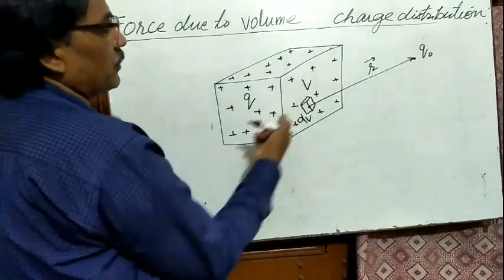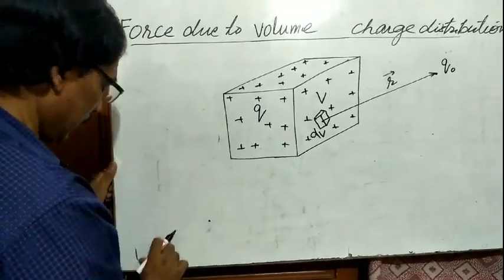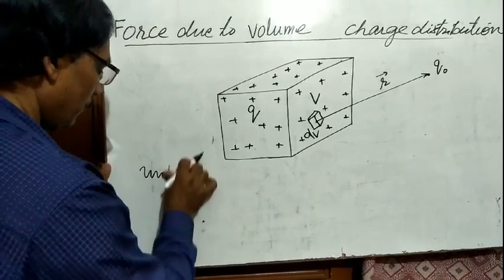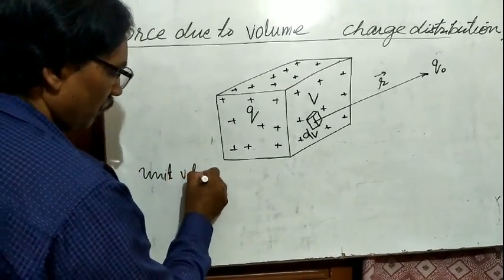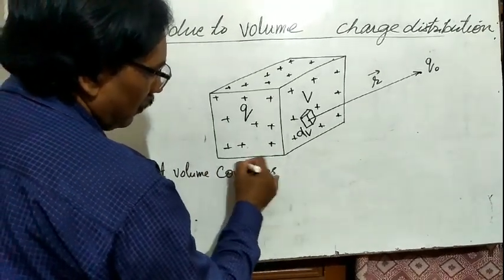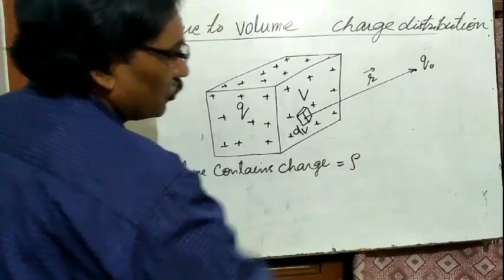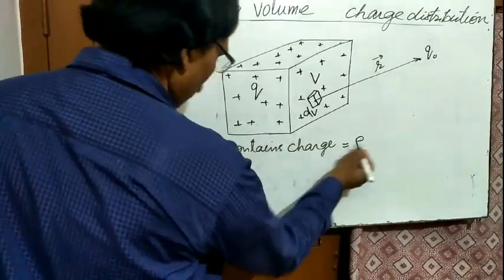Its volume charge density is rho, that is, unit volume contains charge rho.